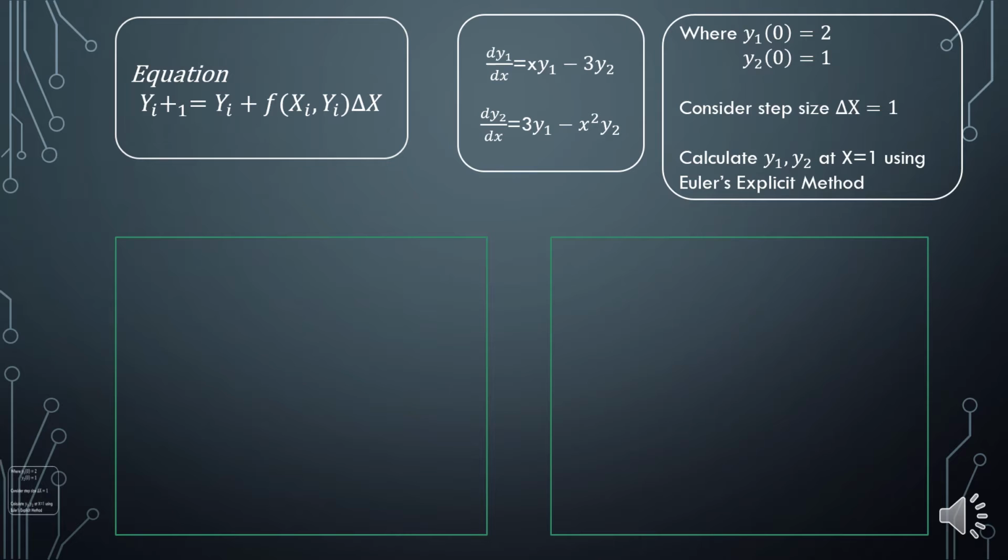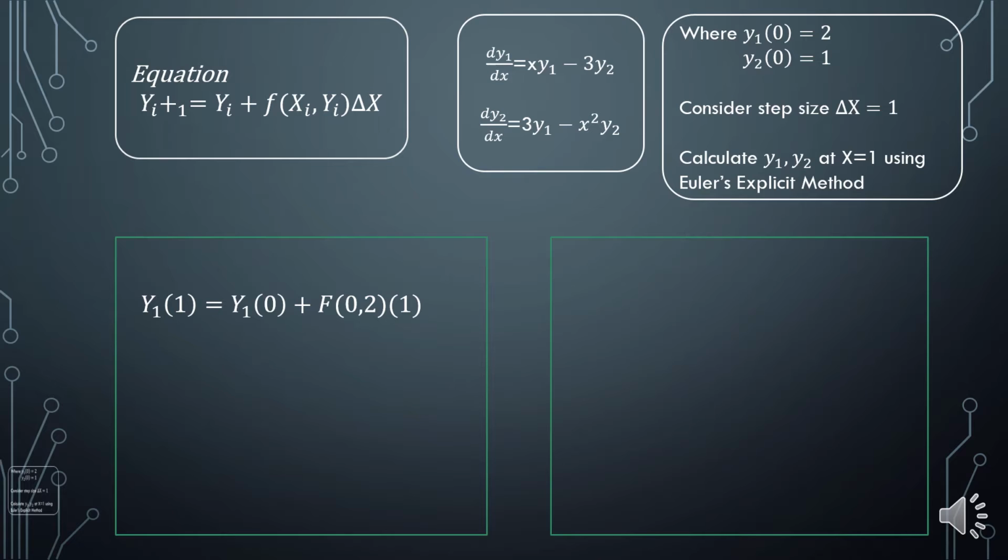So y1 when x is 1 is equal to y1 of 0 plus f of x0, y0, where xi is 0, which is the value we know, and yi when x is 0 is 2, times the step size, which is 1.